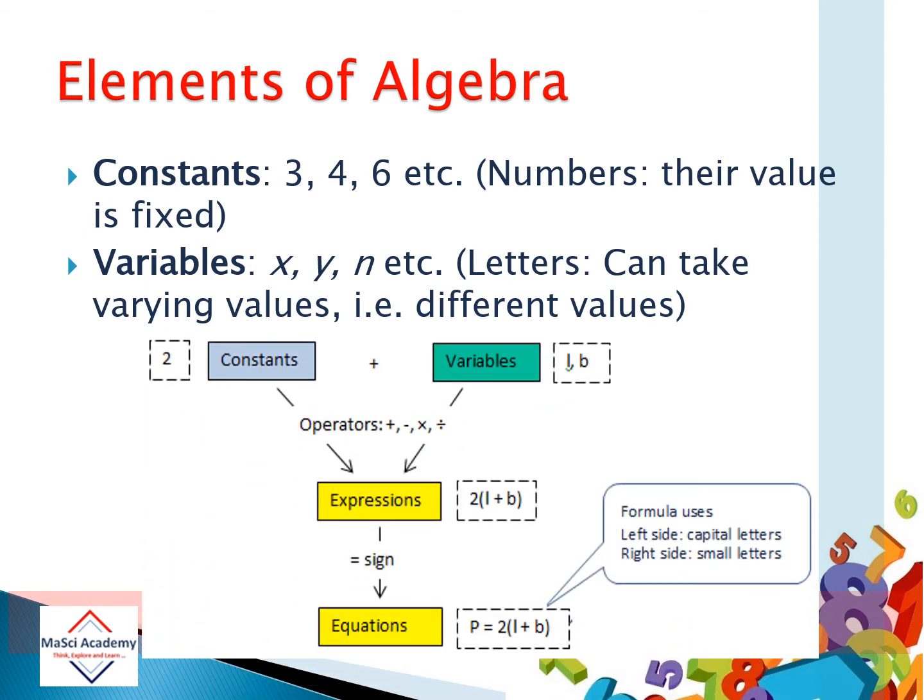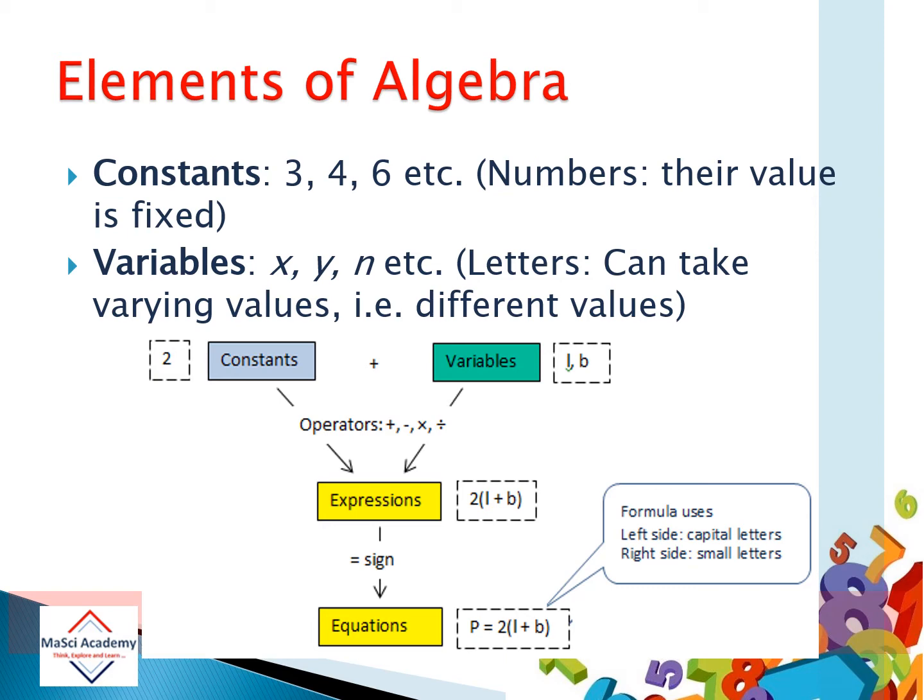These variables and constants along with mathematical operators form expressions. And when we include an equal to sign, it becomes an equation. In an equation, the derived quantities on the left side of the equal to sign are denoted by capital letters and the variables on the right side are denoted by small letters.